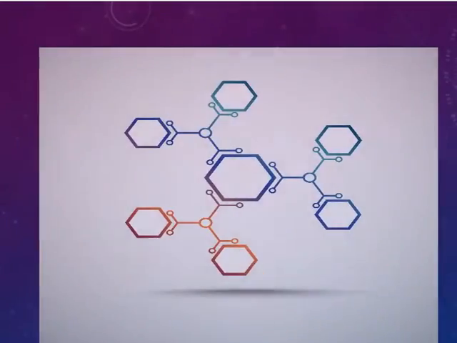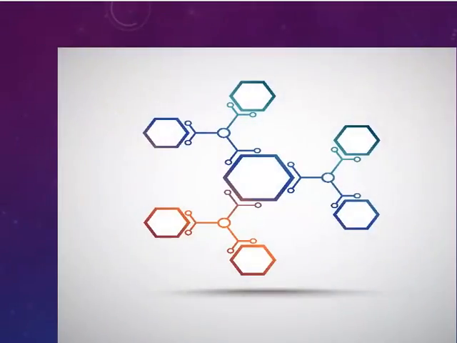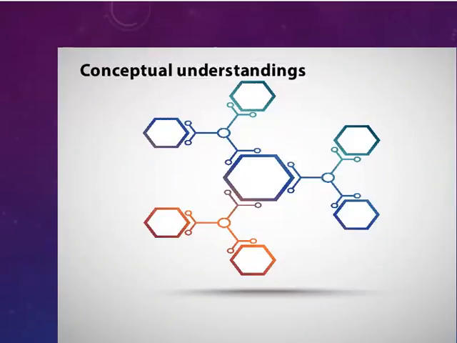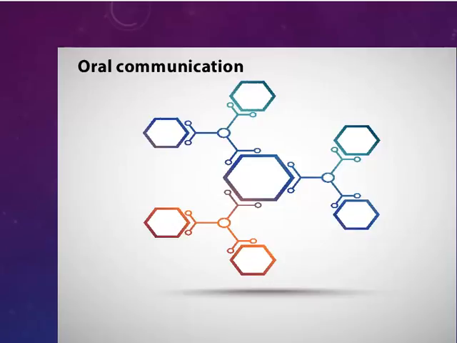Sheltering can also be thought of as making intentional connections among the different dimensions of academic activity: the conceptual understandings or content of the curriculum, oral communication or how we talk about the concepts, and interaction with text, how ideas are represented in print, what students read and write.